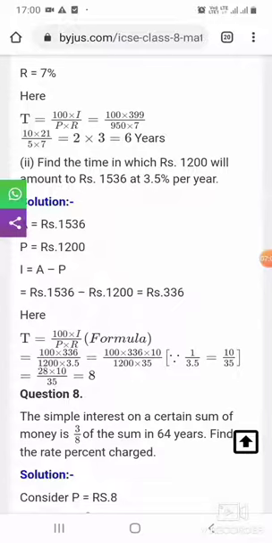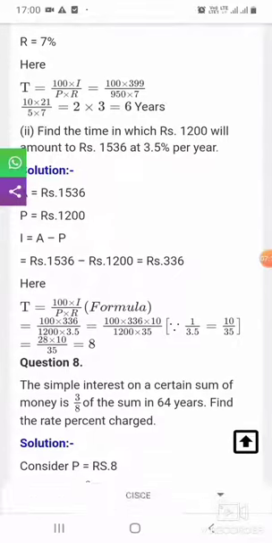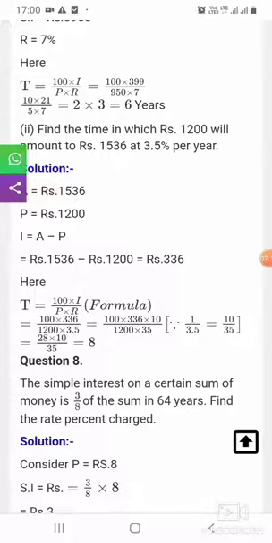So now simplifying that, next step, 100 into 336, that divided by 10 in the denominator will be taken to the numerator, so it becomes into 10 in the numerator, divided by 1200 into 35. I hope this is simplified, right? Now understood here.